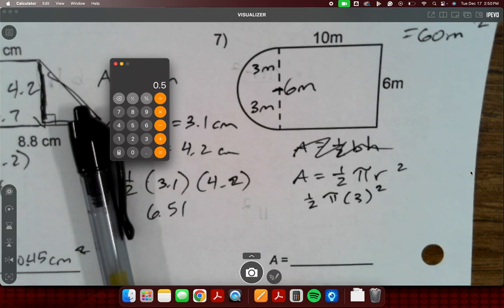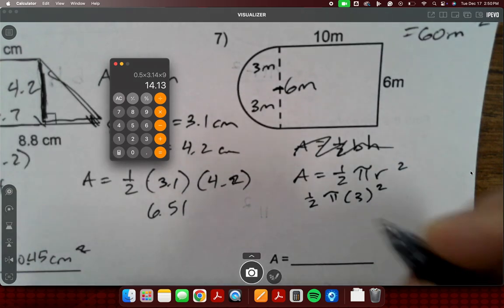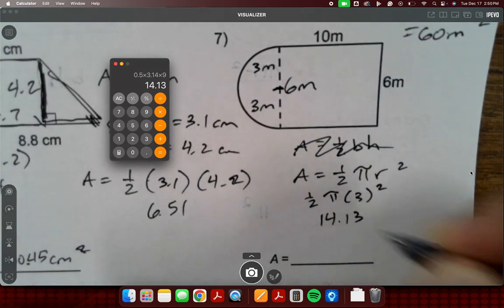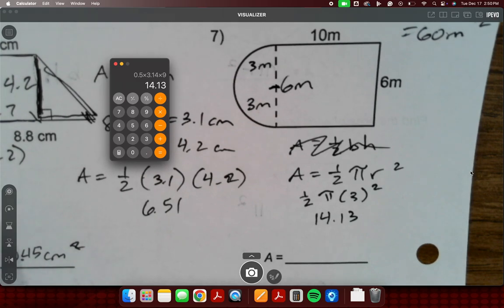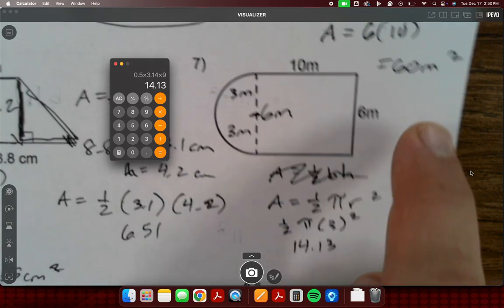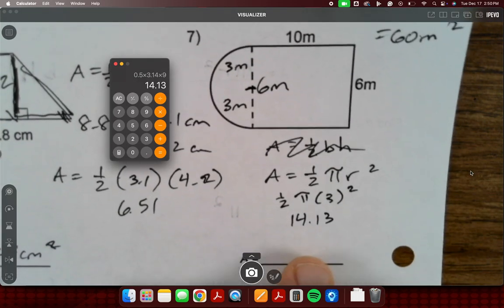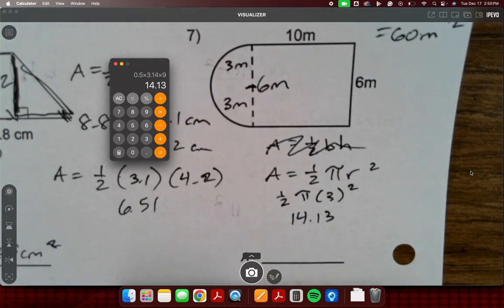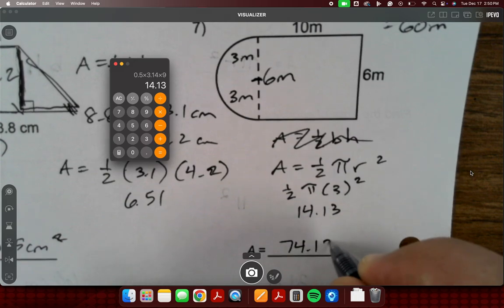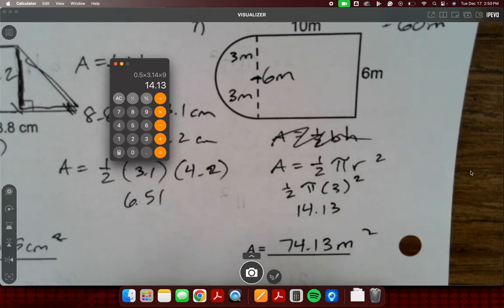So 1/2 times pi times 3 squared is 9. So we get 14.13. So the area of the rectangle is 60 square meters. The semicircle is 14.13. We add those together and we get 74.13 square meters.